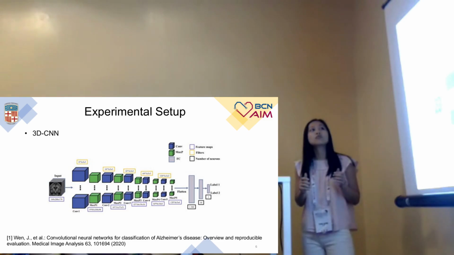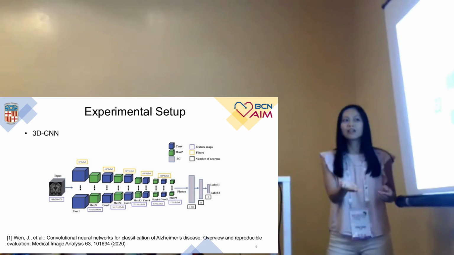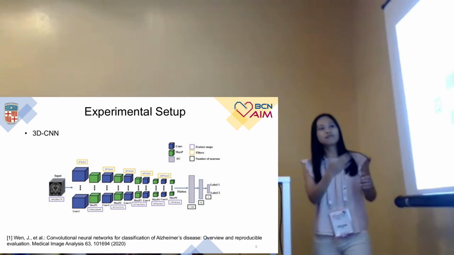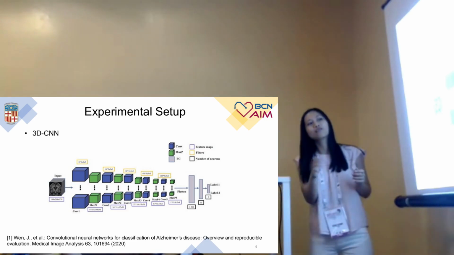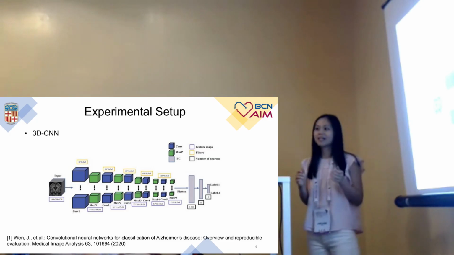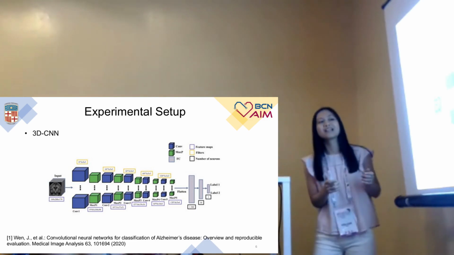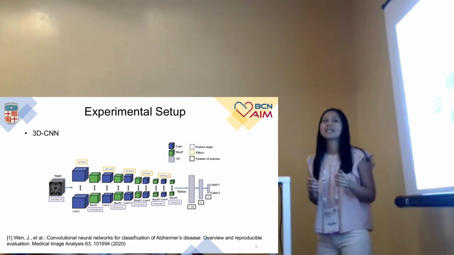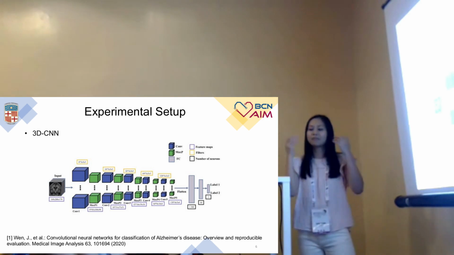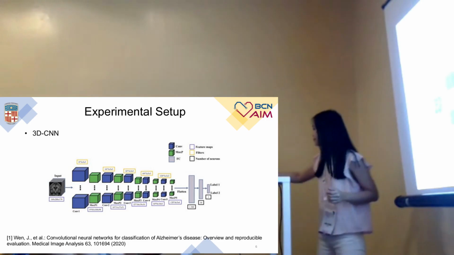We use a 3D CNN developed by Wen, designed to diagnose AD with 5 convolutional layers and 3 fully connected layers. This model is a widely recognized benchmark in AD classification. However, it suffers from poor calibration and a high overdiagnosis rate. This makes it an ideal candidate to test the effectiveness of our proposed method.